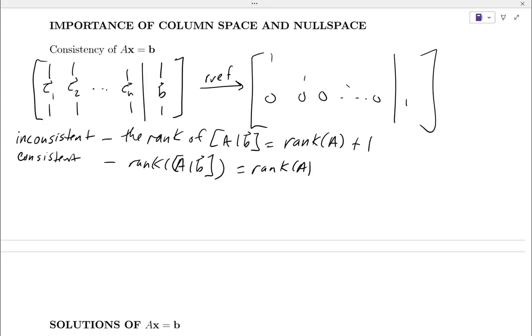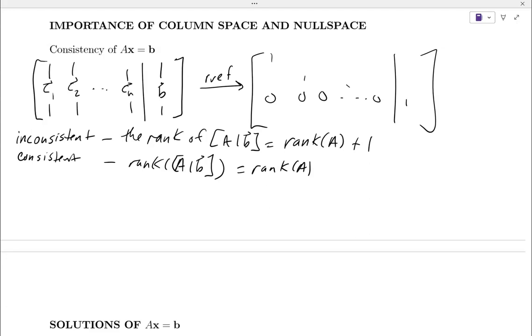So if I can throw this one out, that means I can already write it as a linear combination of the other columns, right? Or, said another way, this is already in the span of the column space. It's already in the span of the column vectors, okay?